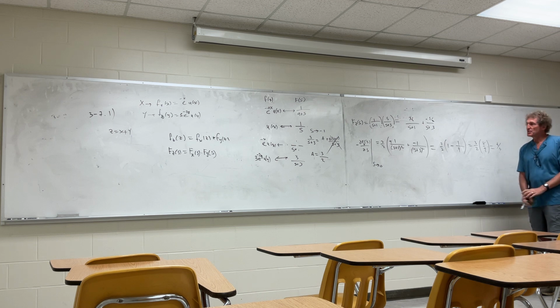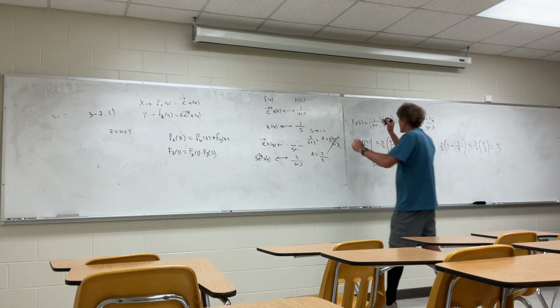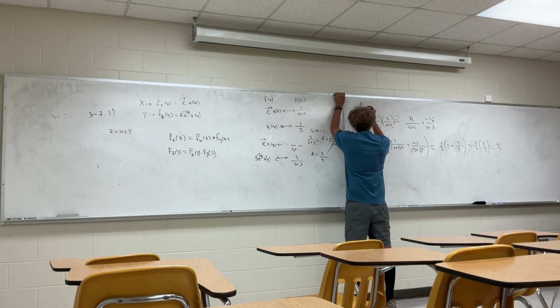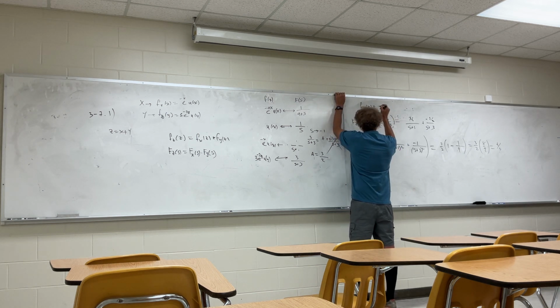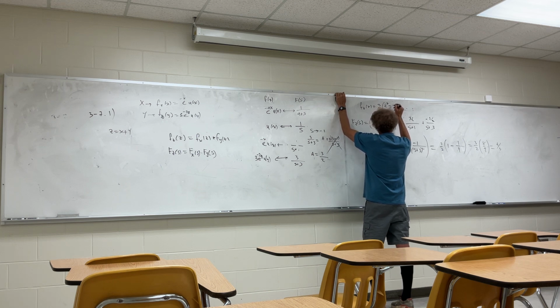Would you do me a favor? Remember the F of Z we had? F of Z equal to 3/2 e to the minus z minus e to the minus 3z, U of z, right?